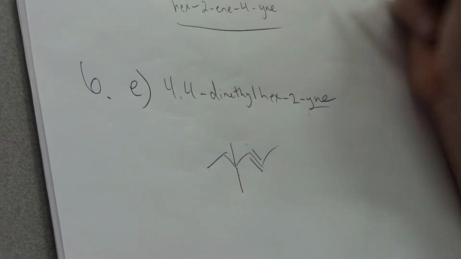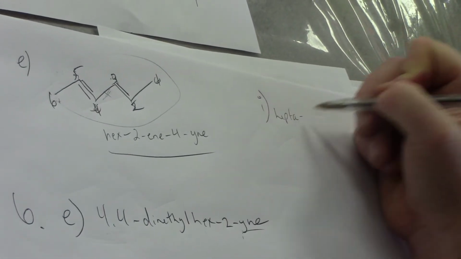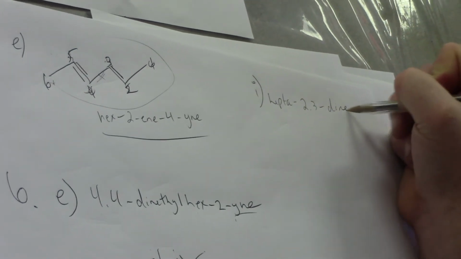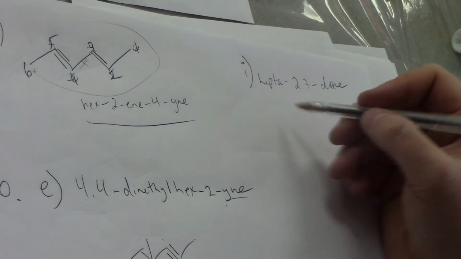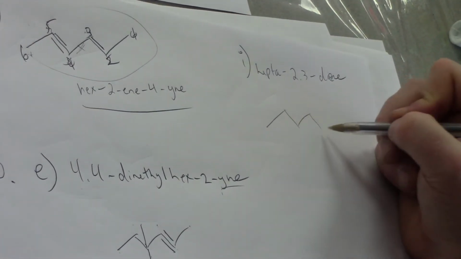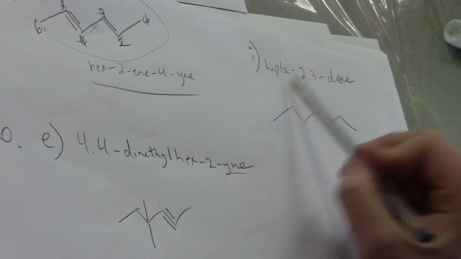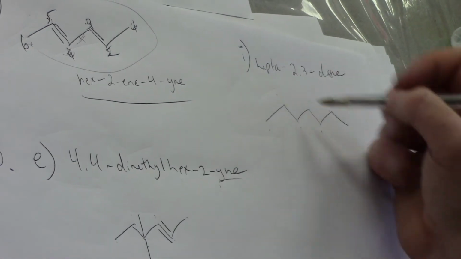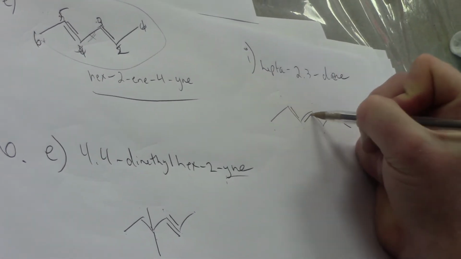Let's look at I. This says hepta-2,3-diene. Okay, so I'm going to draw the parent molecule and it's 7 carbons, and there's a double bond on carbon 2 and a double bond on carbon 3.